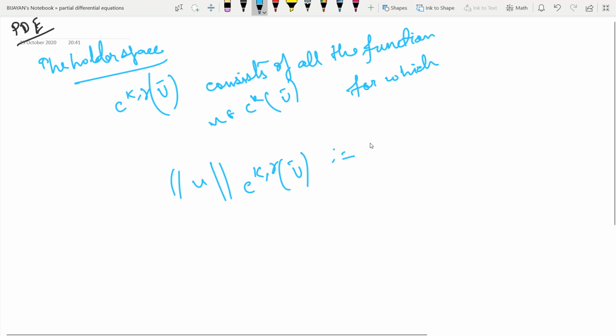Again the notation. In an earlier lecture, we have already discussed this notation.